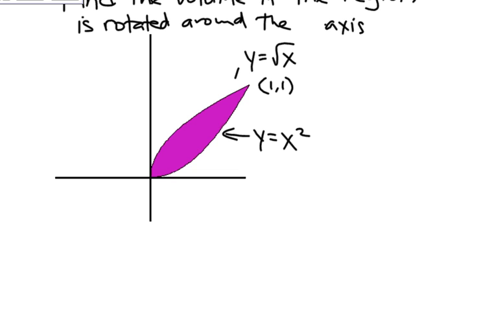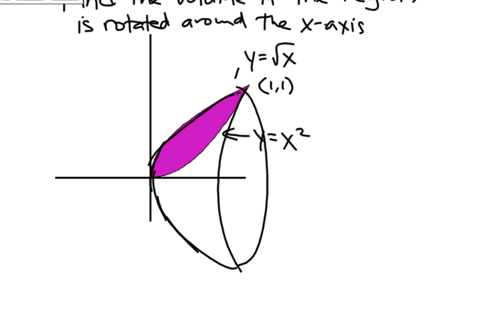So if we switch this and say, what would I do if I went around the x-axis? Well, then I don't have a model for this one, but I can sort of draw it. If I revolved around the x-axis, I'd get that bowl shape. But because of this empty space in here, it's going to be hollowed out. There's going to be a hole. And so that makes this another washer problem.